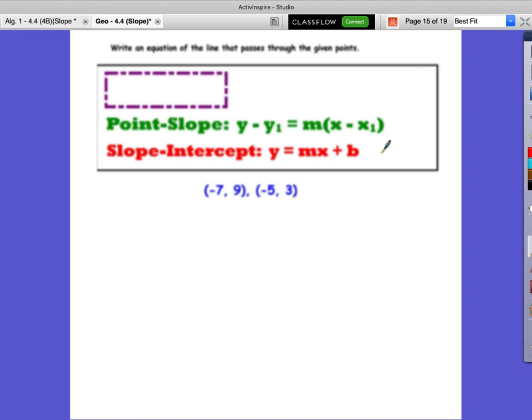Well, now that we've done that, what we should just find is our slope. Okay, what equation?